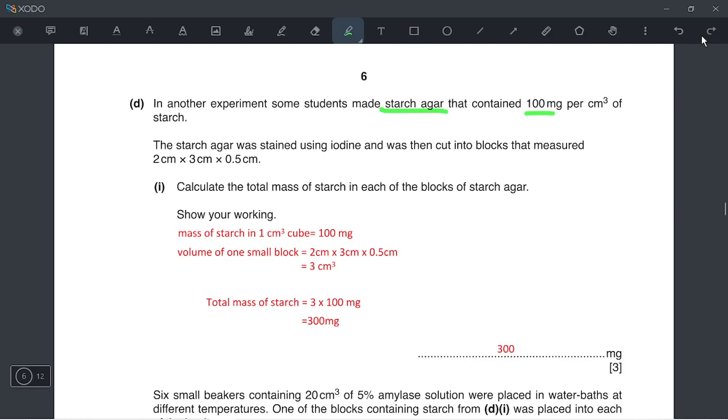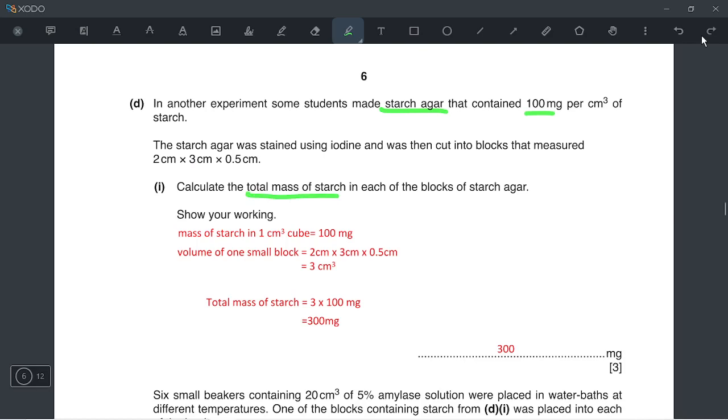So the starch agar was stained using iodine and was cut into blocks that measured 2 centimeter by 3 centimeter by 0.5 centimeter. So we can find out the volume. Calculate the total mass of starch in each block of starch agar.